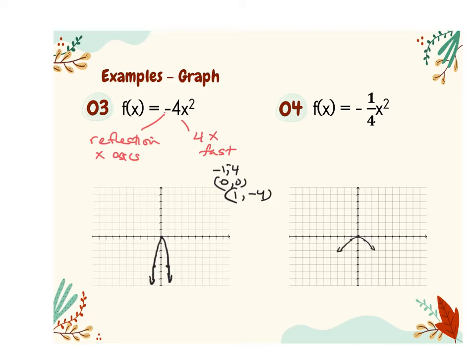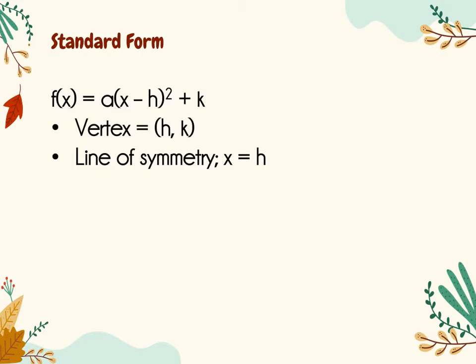Now let's look at the standard form and how we can graph from this form. So this is the standard form. Again, the h and the k in the equation together become your vertex. The h comes out with an opposite sign, so it's backwards of what you would think.